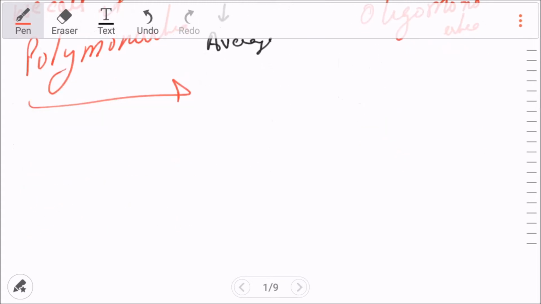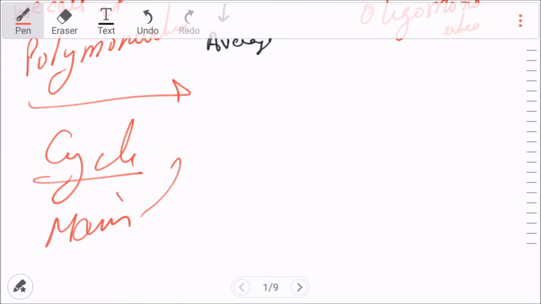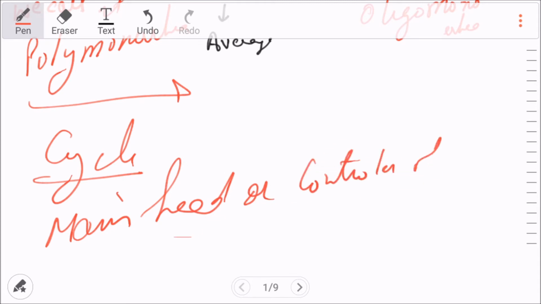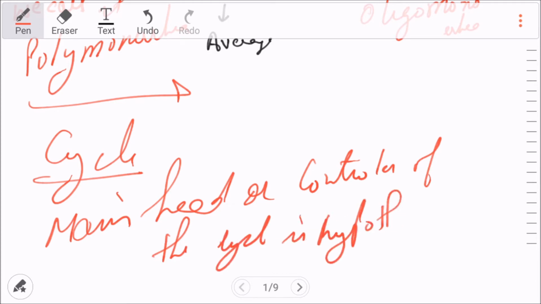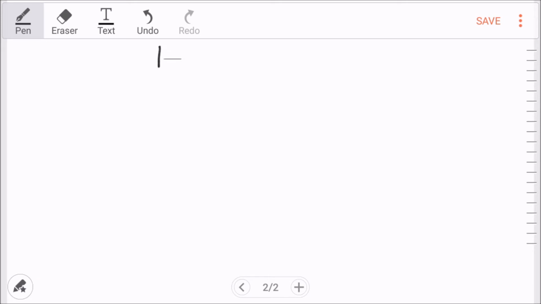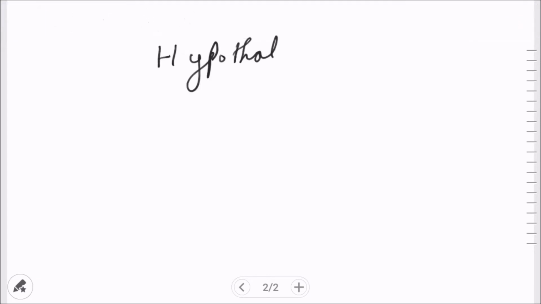Let's talk about this cycle. The main head or controller of the cycle is hypothalamus. Main head is hypothalamus.